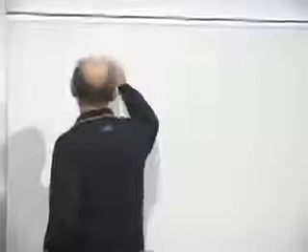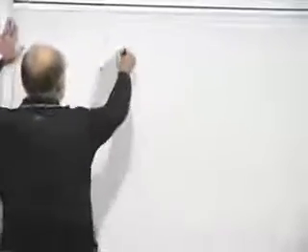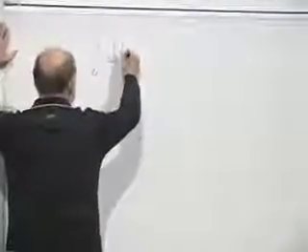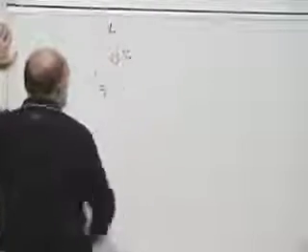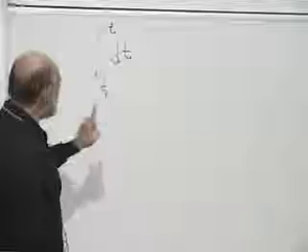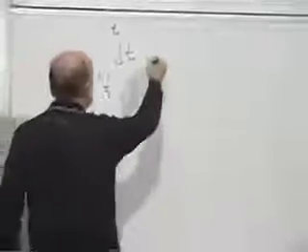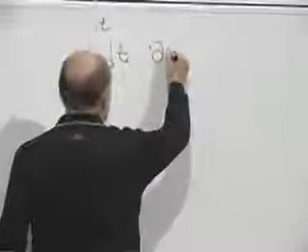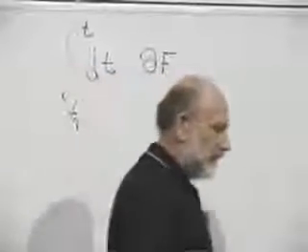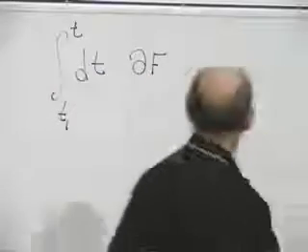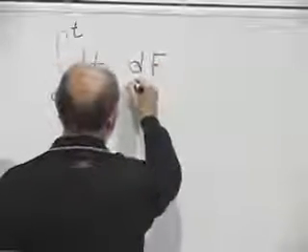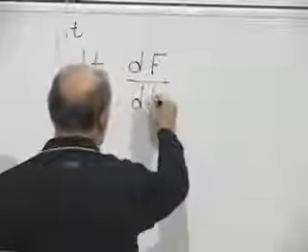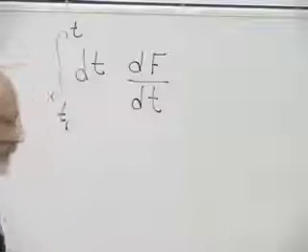First of all, suppose you have some integral, and let's make the independent variable be t, dt. It goes from t1 to t2, some function, but the function itself happens to be the derivative of some other function, df, or just the ordinary derivative will do here. We don't need it to be a partial derivative. df by dt. What is this integral?